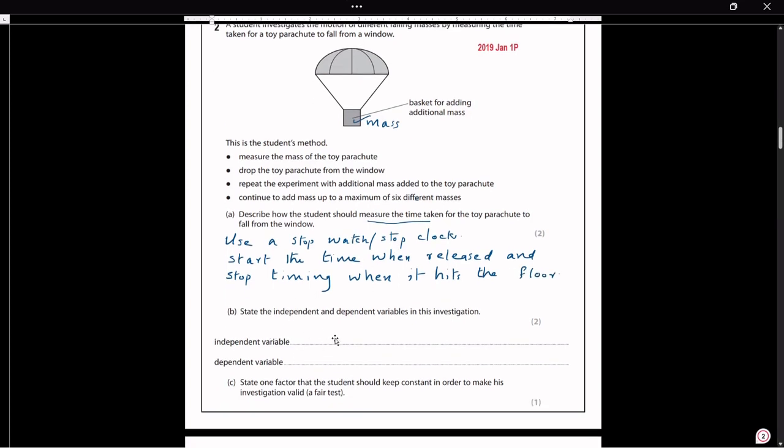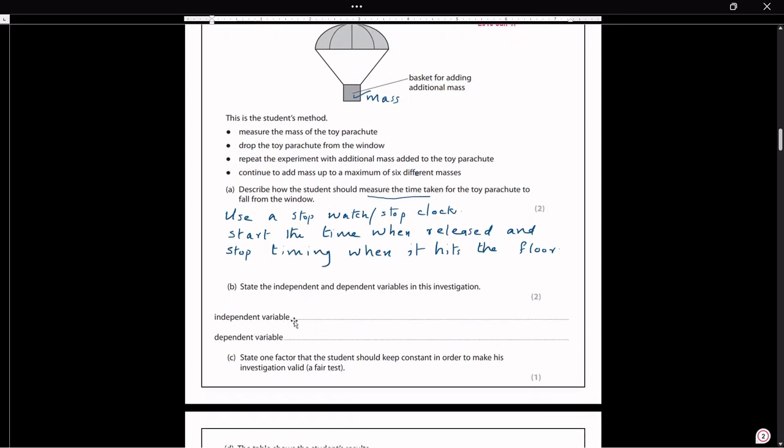Then state the independent and dependent variable in this investigation. The independent variable means the quantity or variable that we set or control; we change its value, we control the value.